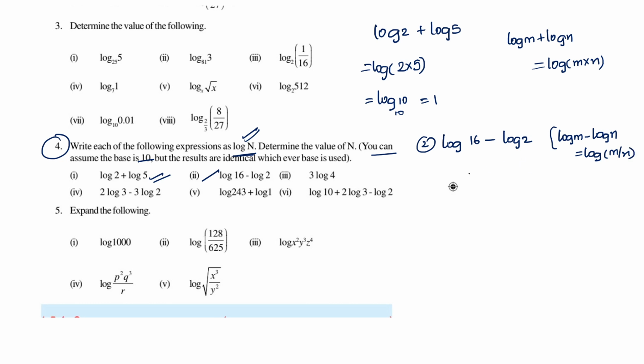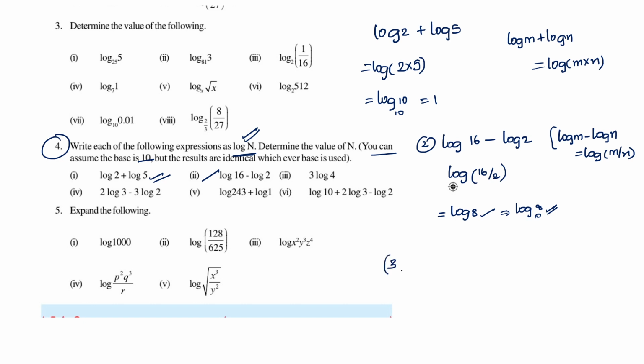So log 16 minus log 2 means log 16 by 2, that is equal to log 8. We can leave it as this, or we can write it like this, log 8 to the base 10. So the single value of log 16 minus log 2 is log 8.